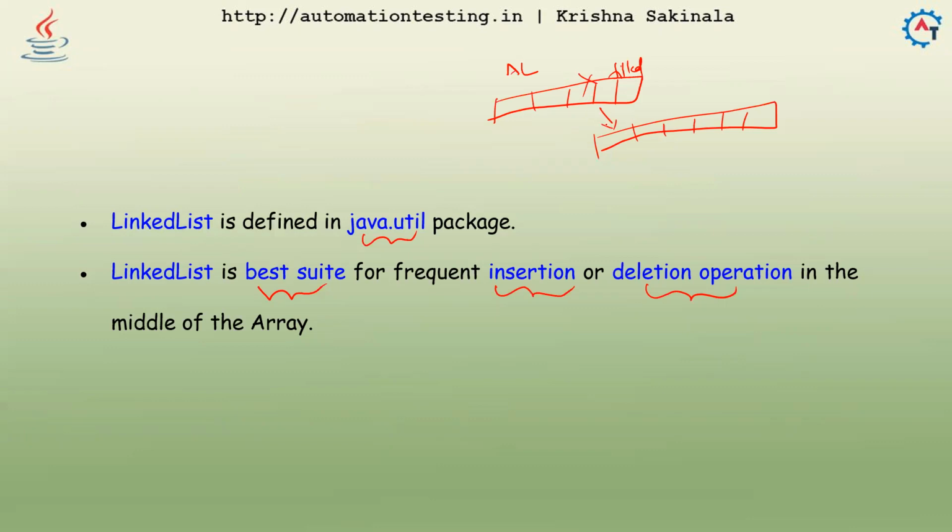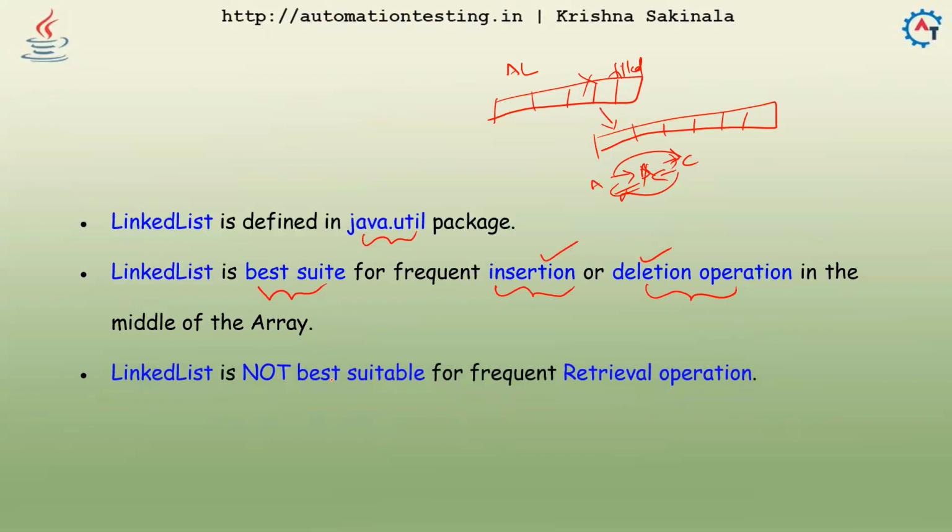So it is a big process. But here, for insertion and deletion, we already saw A, B, C with the link between them. If something is removed in between, it will directly have the reference like this. Very simple, one operation. Because of that, this is best suited for insertion or deletion operations.